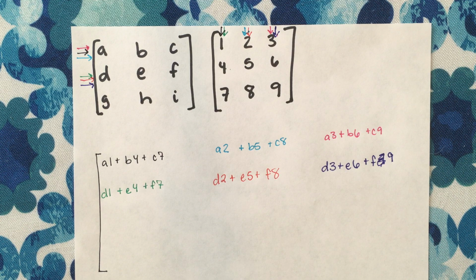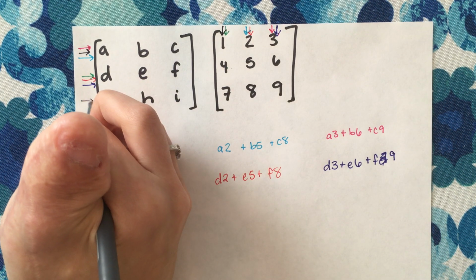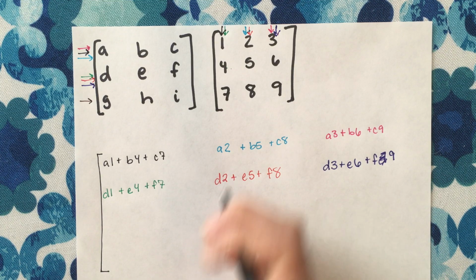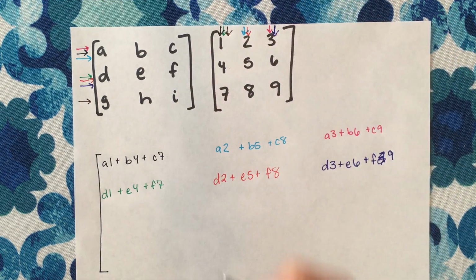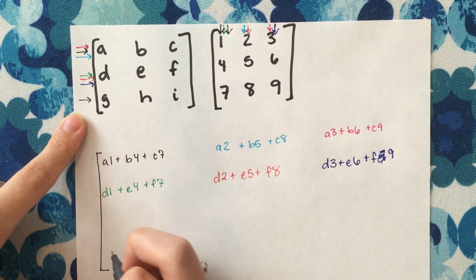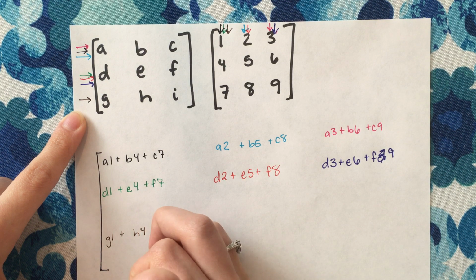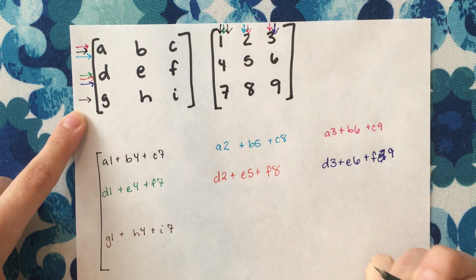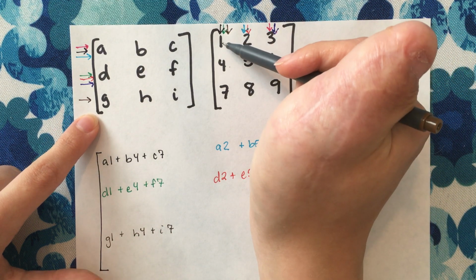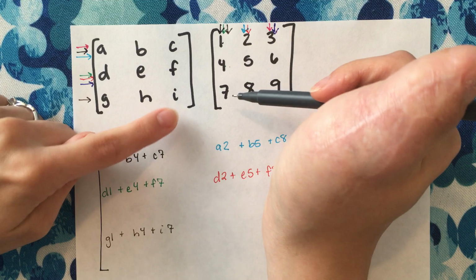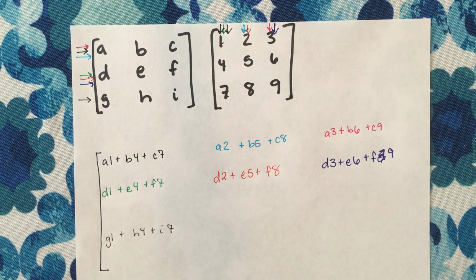Now let's do the last row. So first we're going to do the third row by the first column. So G times 1 plus H times 4 plus I times 7.